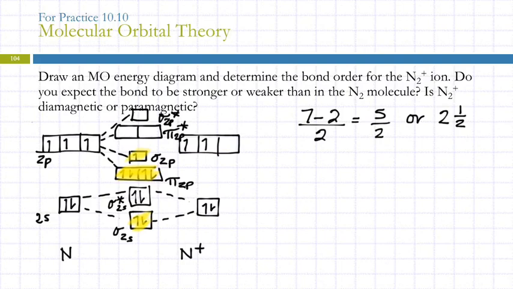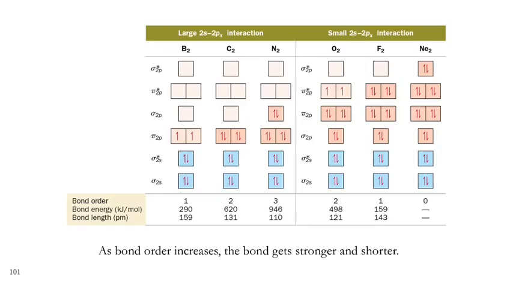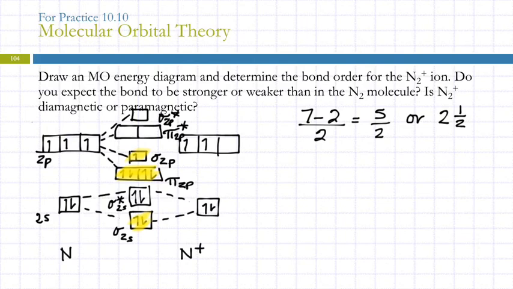So what's the bond order for N2, not N2 plus? Well, we could go back and look. Here's N2. It has a bond order of 3. So if this one has a bond order of 2.5, is it stronger or weaker than N2? It's weaker because its bond order is smaller.